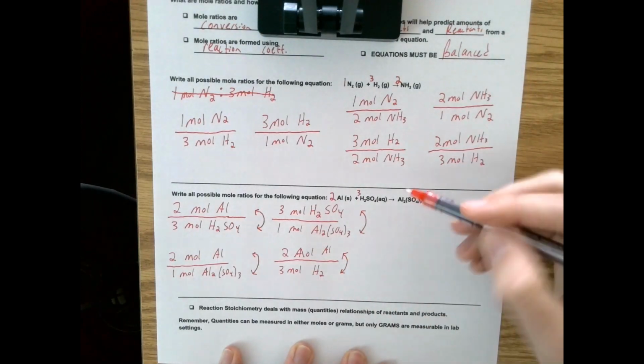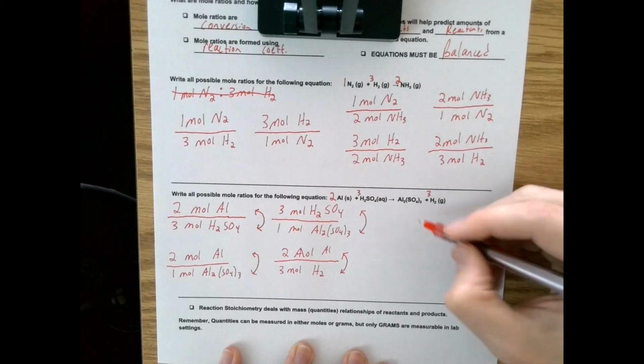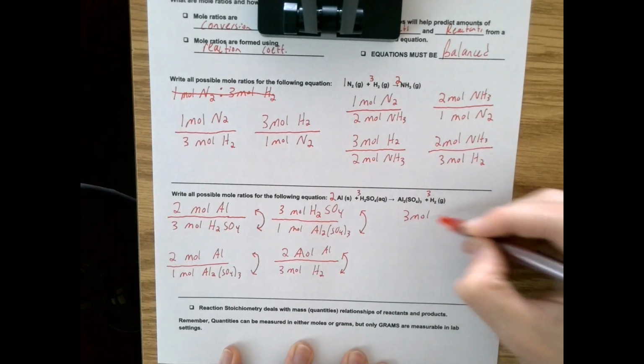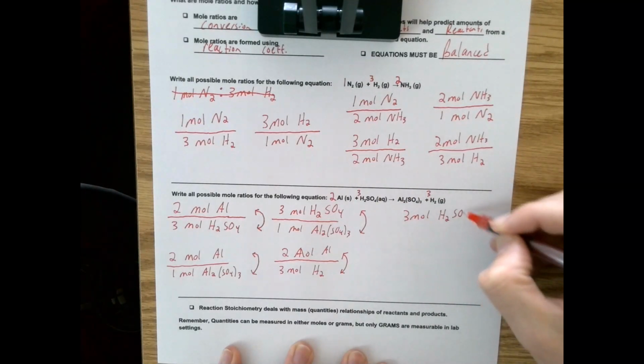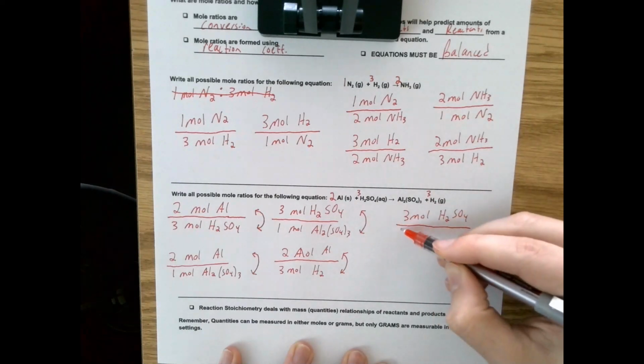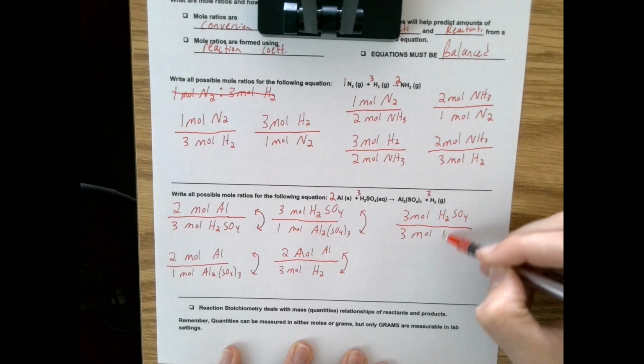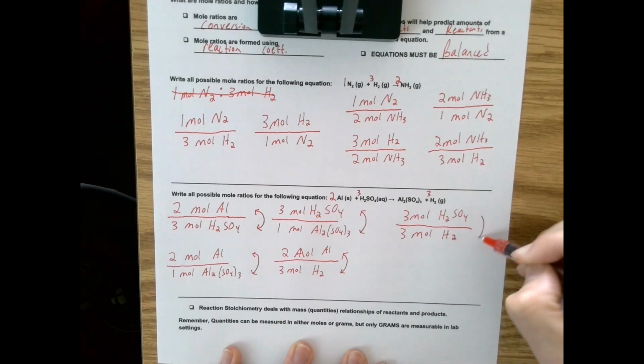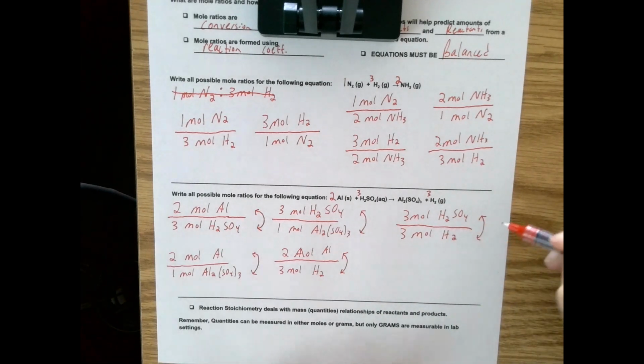So then I can look at sulfuric acid and hydrogen. So I can say 3 moles of H2SO4 produce 3 moles of H2. You could also have the exact opposite of that, and you probably see now that you could reduce that.